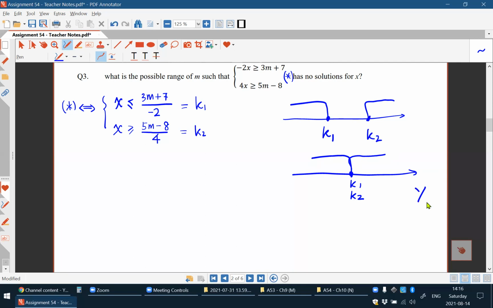So k1 cannot be exactly k2, right? Okay, so according to our analysis, if k1 is smaller than k2, then no solution for x.